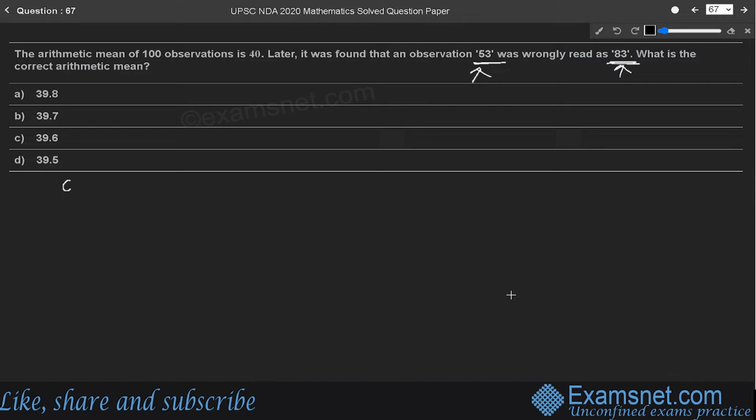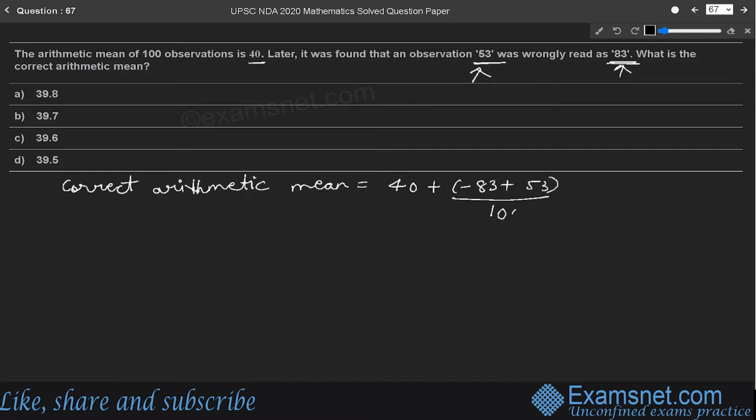So now the correct arithmetic mean is equal to, see, the arithmetic mean of 100 observations is 40. So 40 plus (minus 83 plus 53) upon 100.